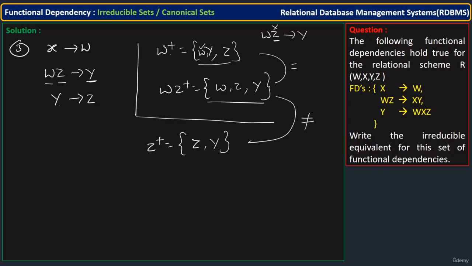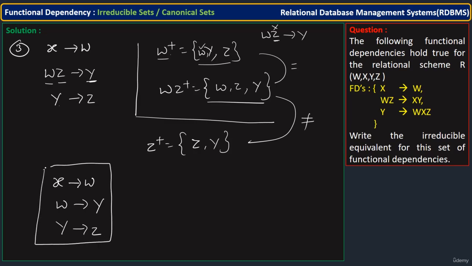So this subset W gives the result, and in place of this LHS, you can write down W. So the final canonical form is X generates W, W generates Y, and Y generates Z. This is the final canonical form. In this way, in a very simple manner, we can find it out.